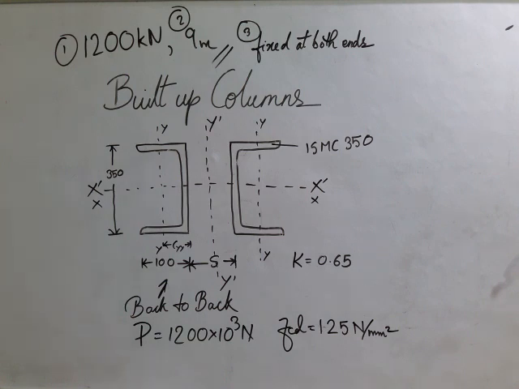You see, obviously the design compressive stress will be more for a built-up column, isn't it? Rather than a column having one member. For a column having one member, if you ask me what FCD I will assume for design, I'll say that I will be assuming 80 to 100.